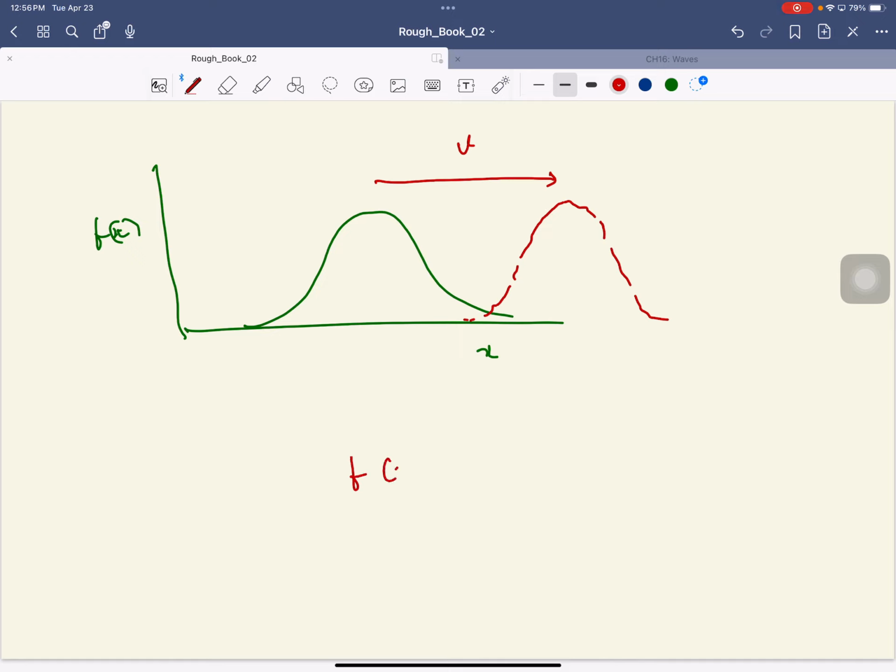This is a distance. So in 1 second, it'll have shifted v meters, in 2 seconds, 2v, and so on. So remember that. So now you learned how to make it travel to the right. And how would you make it travel to the left? Yep, so f of x plus vt.